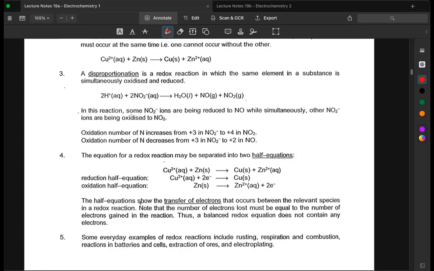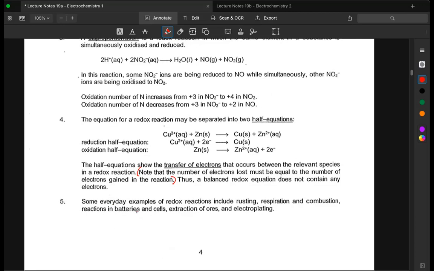This is an important concept here. So in every electrochemical process, we need to understand that the electrons lost at the anode will be equal to the number of electrons gained at the cathode, because they are connected in the same series circuit, which means that the amount of electrons or the amount of charge flowing from one electrode to another should be the same.